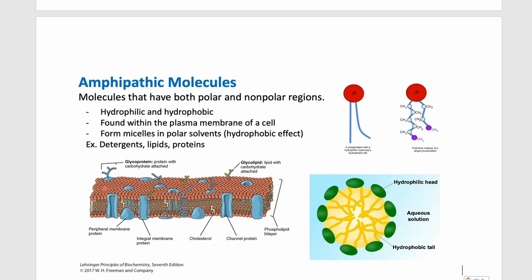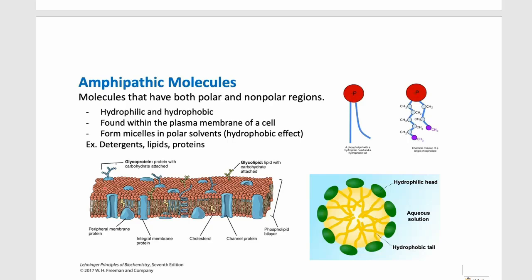These micelles will cluster together, and this is the structure of surfactant. The phospholipid bilayer refers to this long sheet where you have hydrophilic and hydrophobic parts, and the amphiphilic part is this micelle structure that it forms.